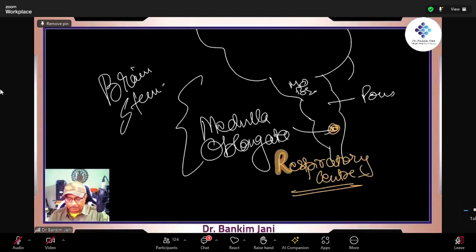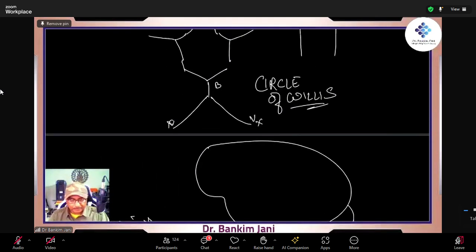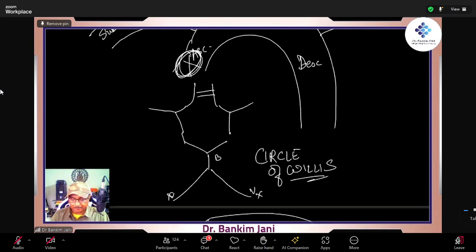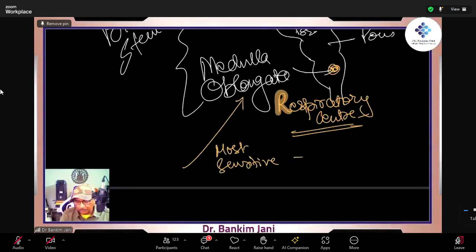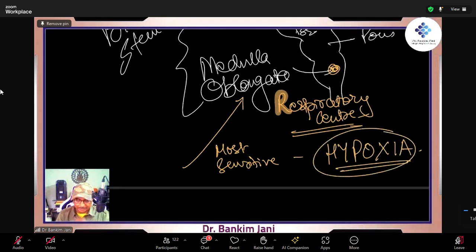Unfortunately, when the blood supply is hampered and does not reach the medulla oblongata, it is the most sensitive organ to hypoxia. Hypoxia means lack of oxygen, and this center dies in less than 3 minutes.